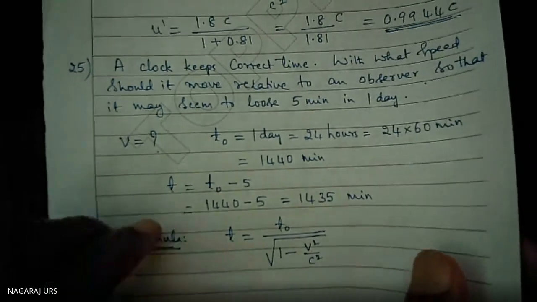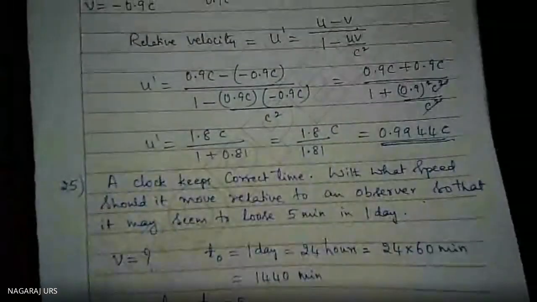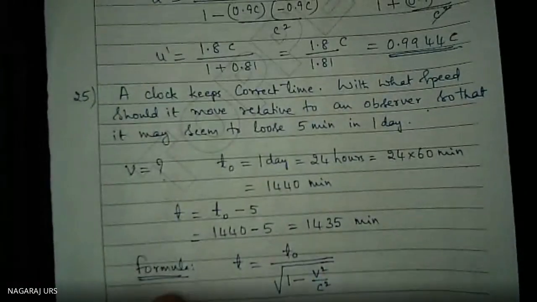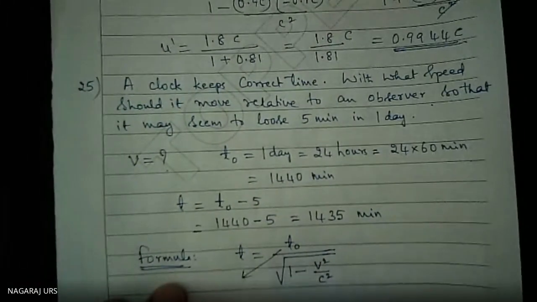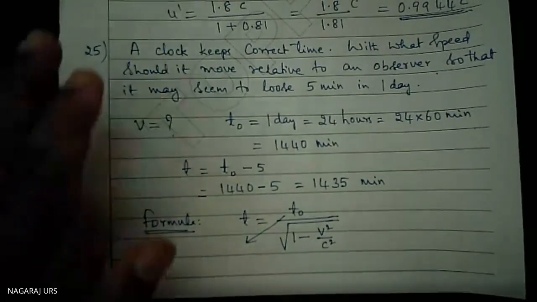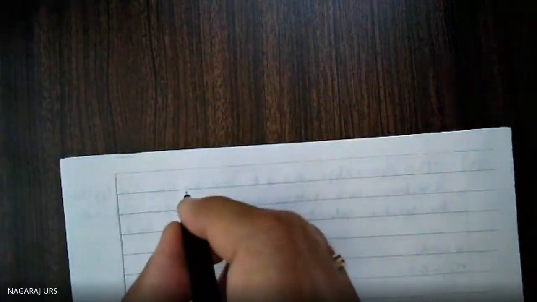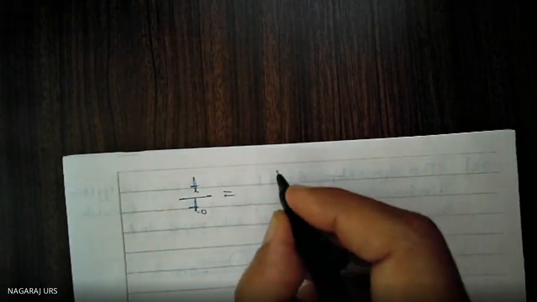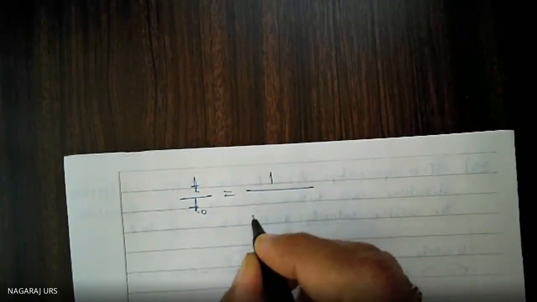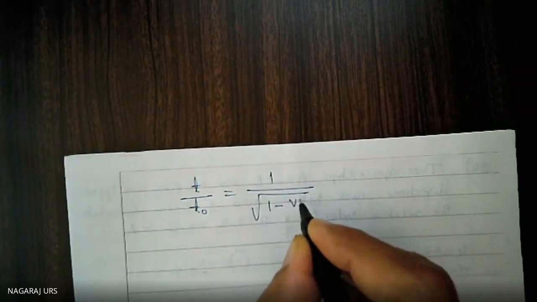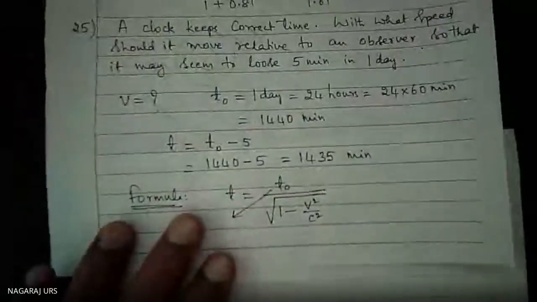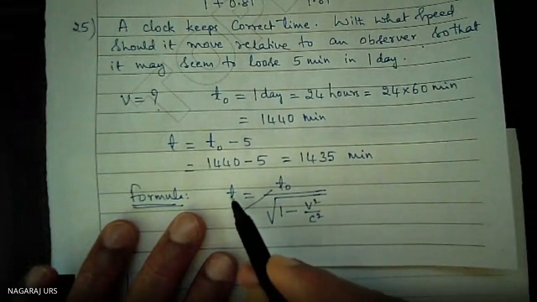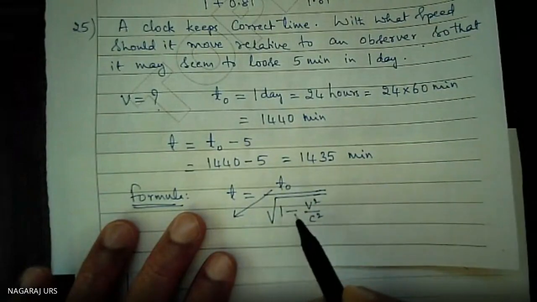So therefore, T by T naught is equal to how much? I will take this to the denominator. T by T naught is equal to 1 divided by root of 1 minus V square by C square. Clear? Have you understood this?